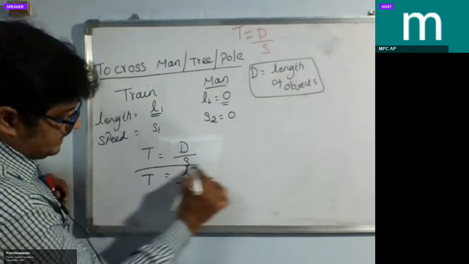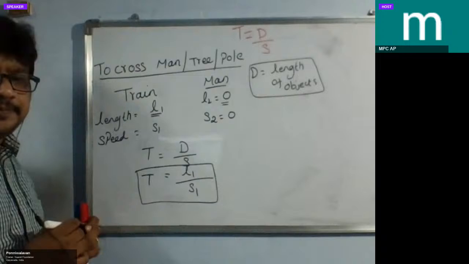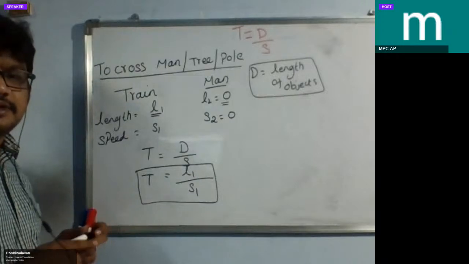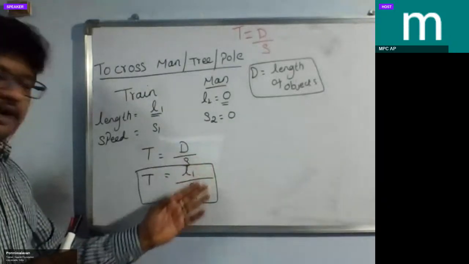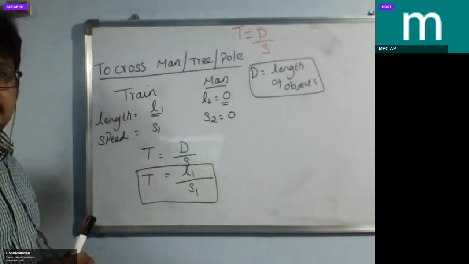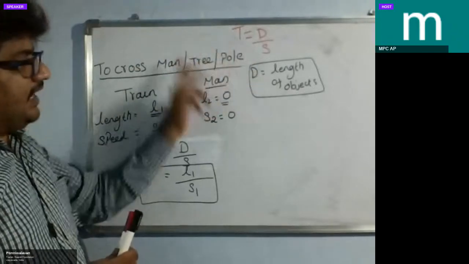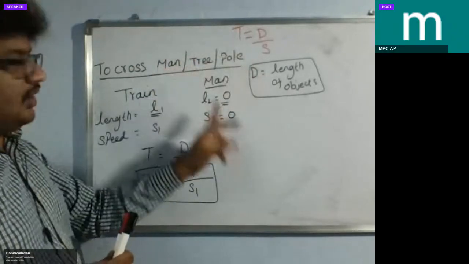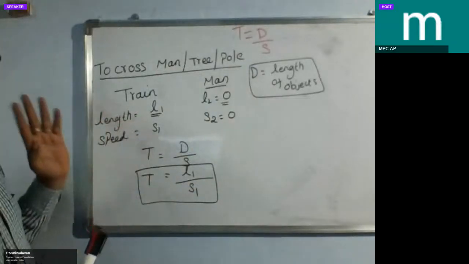So time taken is equal to L1 by S1. Because the man, tree, and pole don't have length and don't have speed, we only need to consider the train length and the train speed.